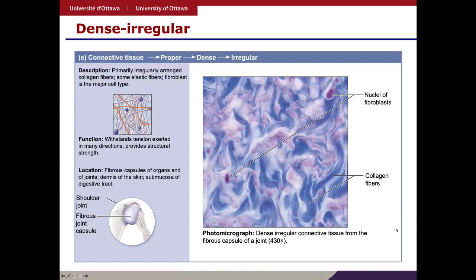Dense irregular connective tissue is found in the dermis, fibrous joint capsules, the fibrous coverings of some organs, and also forms the fibrous outer layer of the perichondrium, which consists of two layers of connective tissue that closely wrap all cartilage except the cartilage in joints, which is covered by a synovial membrane.